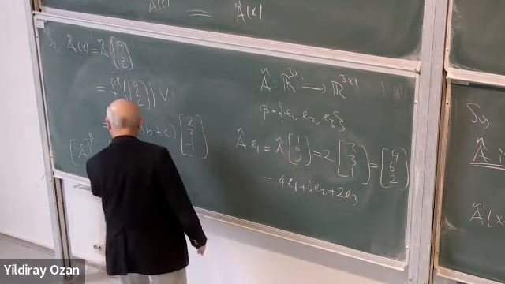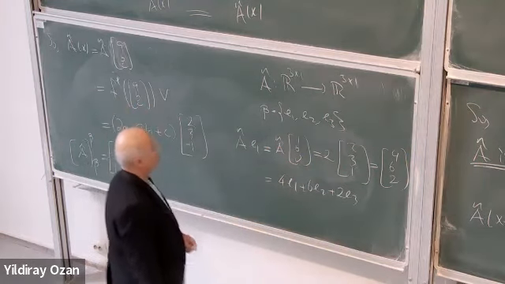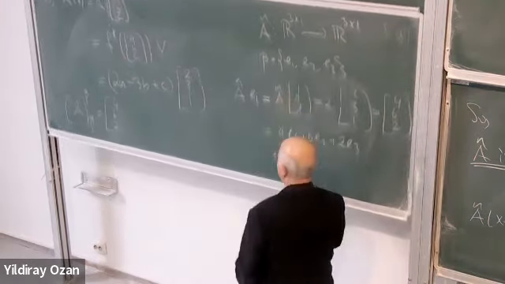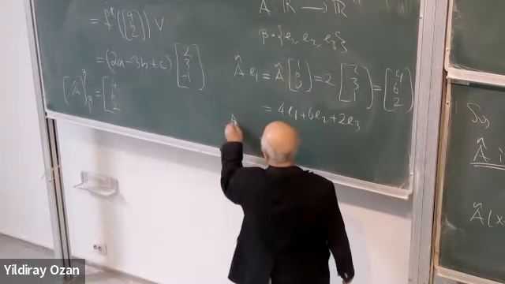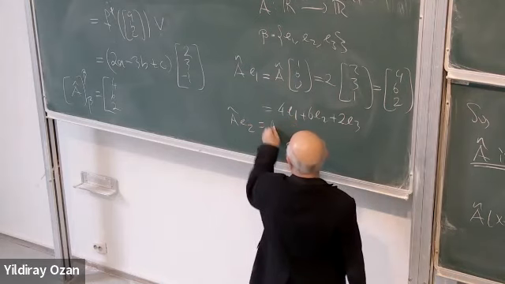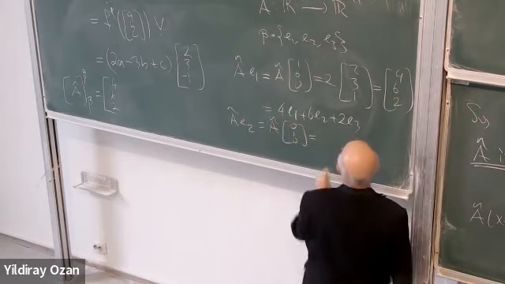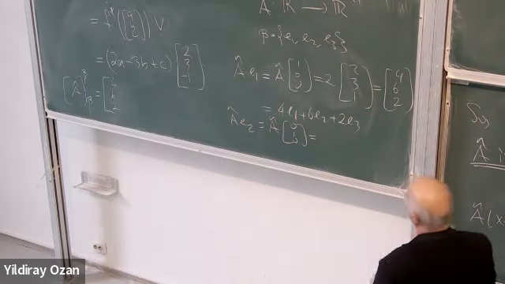So we get 4, 6, and 2. And then I repeat the same with A2. So A hat of 0, 1, 0 will give me what?